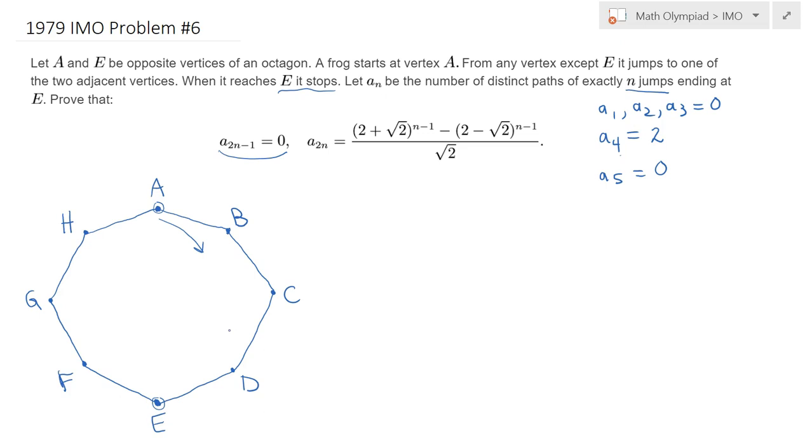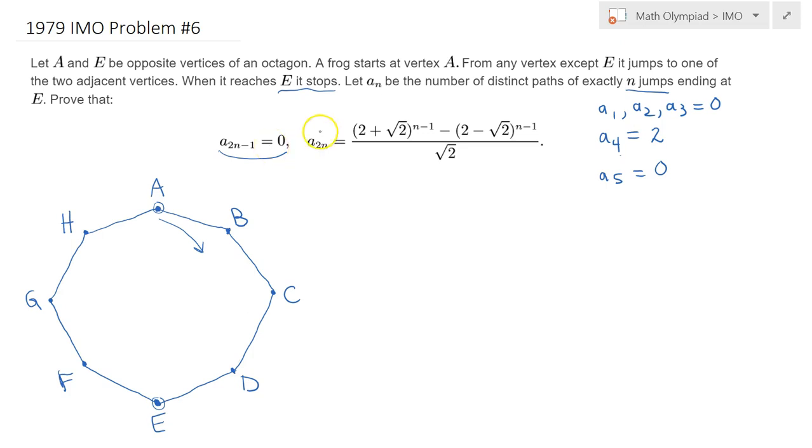You can probably number the vertices in binary, and I guess every odd number of steps would lead you to the same binary label, which would be different than the vertex E. For instance, if you label A, C, E, G as 0 and B, D, F, H as 1, I claim that every 2 steps starting from point A, well, or let's say starting from point D, well, it doesn't matter really, but you would see that invariant, the fact that an odd number of steps only ends up at a vertex with a binary label of 1, right? So it's impossible to finish in an odd number of steps.